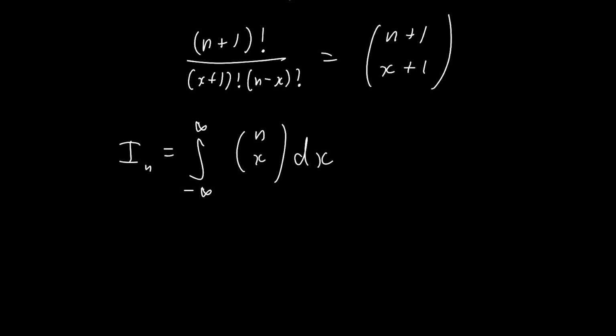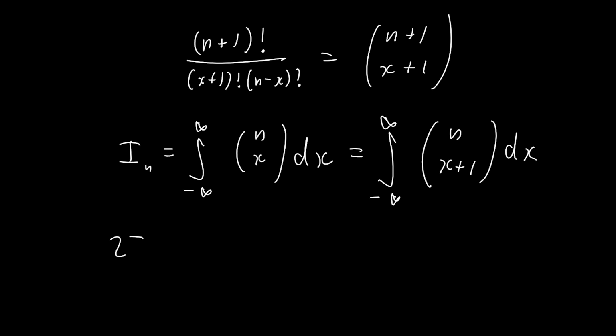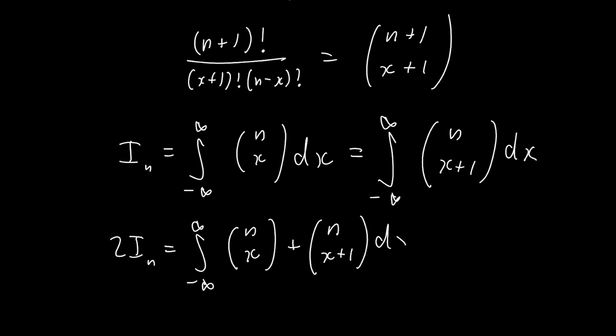So we can say that this integral is the same as the integral of n choose x plus 1 dx. So if we add these together, we have 2 I of n equals the integral of n choose x plus n choose x plus 1 dx.